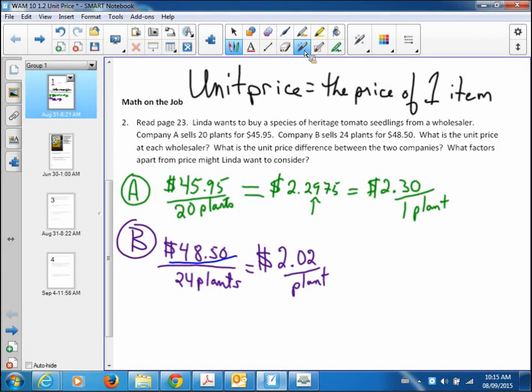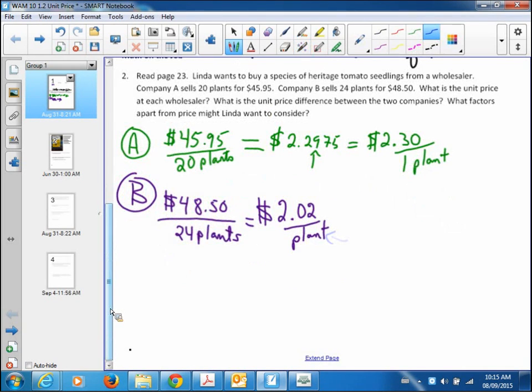Now, what is the unit price? Okay, we got the unit prices, the price for one plant. What is the price difference between the two companies, the unit price difference? So now we're getting to that part of the problem. The difference is really subtraction, right? So I'm going to take 230, subtract my 202.